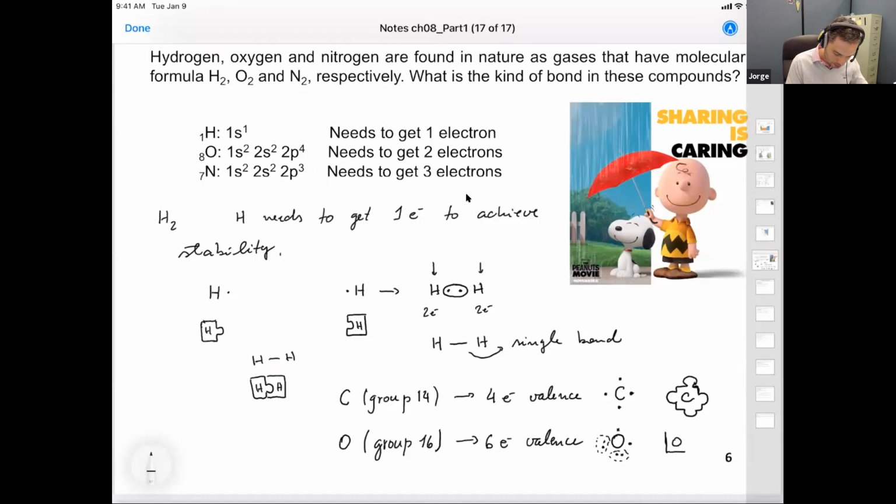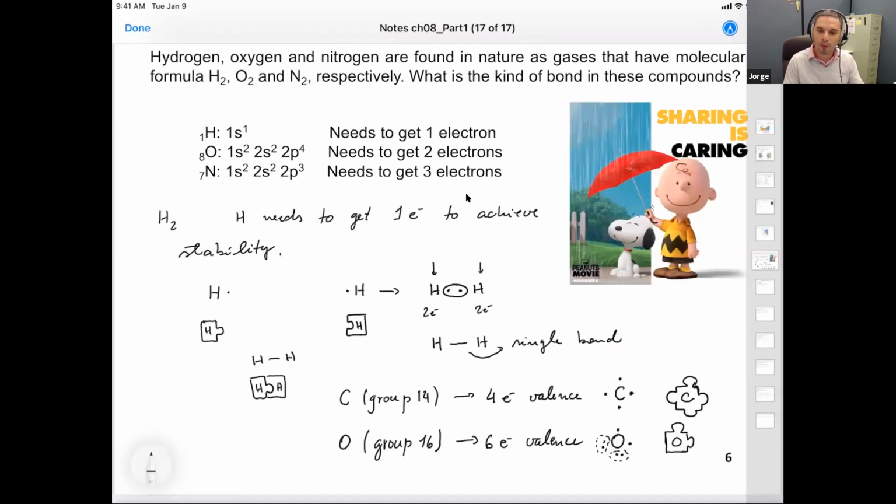However, the edge on the top will be able to bond because there is only 1 electron over there, and the edge on the far right will also be able to bond. Okay, and that's how oxygen will combine with other elements to achieve stability.